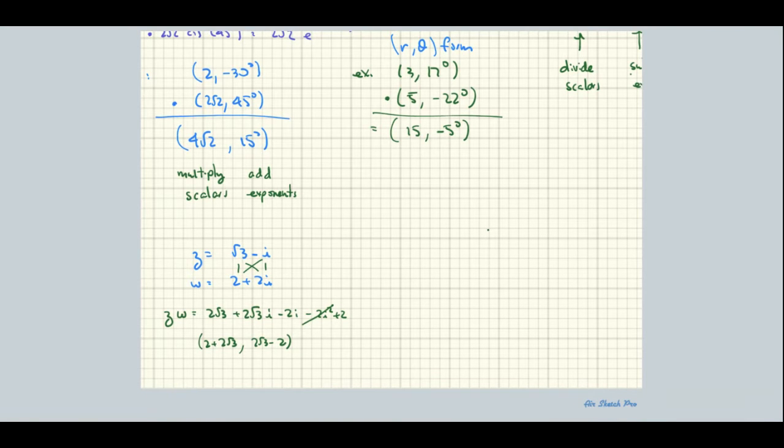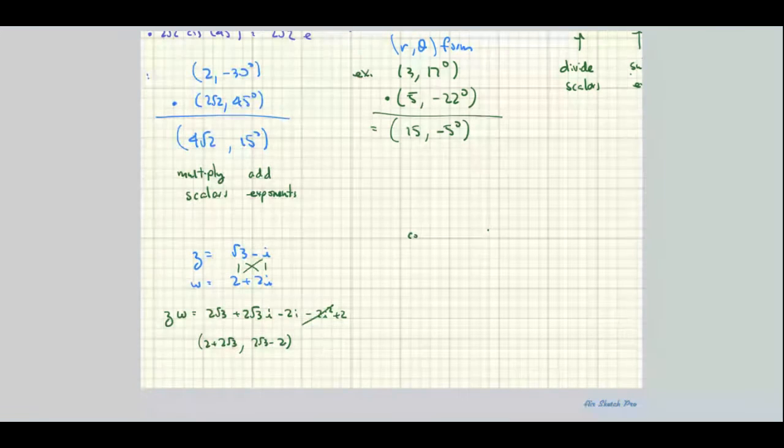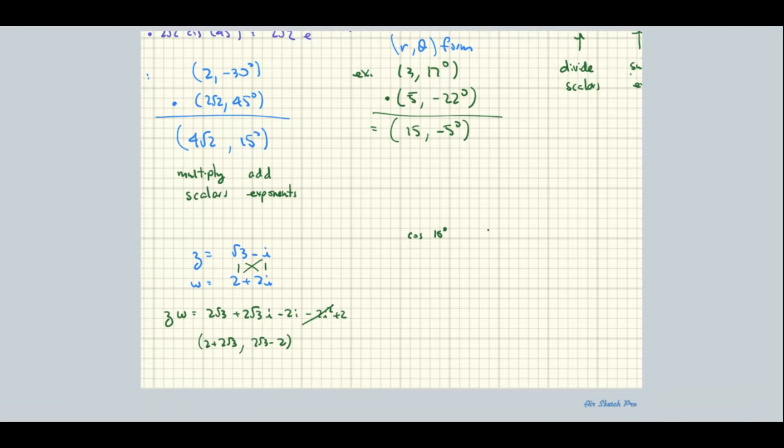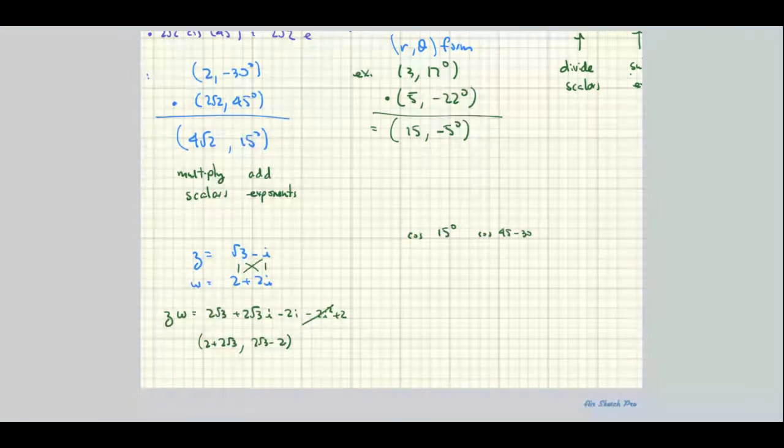And cosine. Okay. Cosine 15 degrees. Now remember that's 45 minus 30, right? And cosine is CC minus SS.